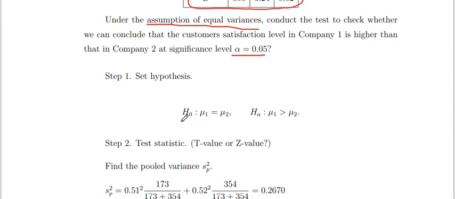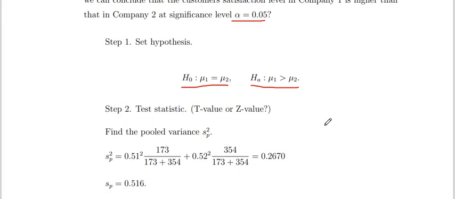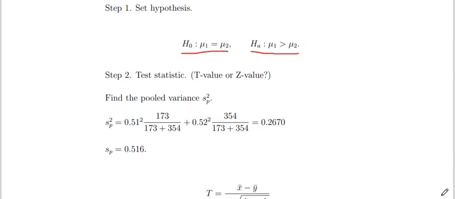So H0 equals, HA is larger than, and the test statistic, Z value, T value. Here we use this formula. It should be the T value logically, right?